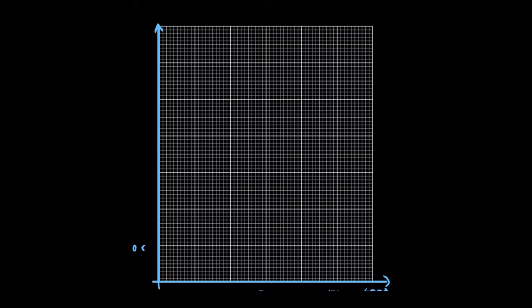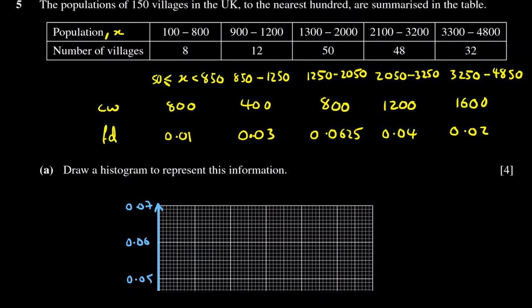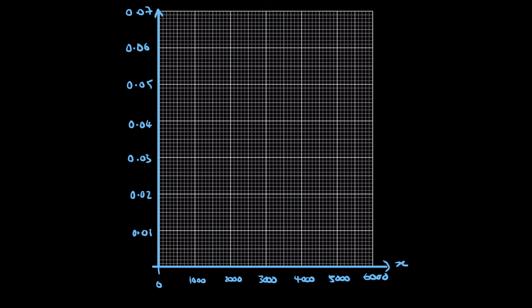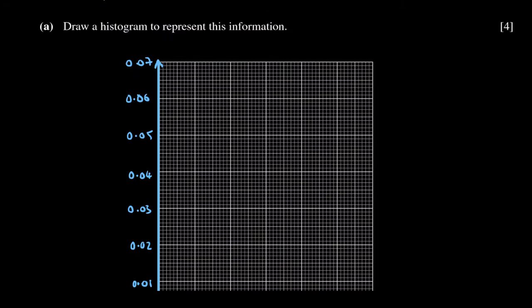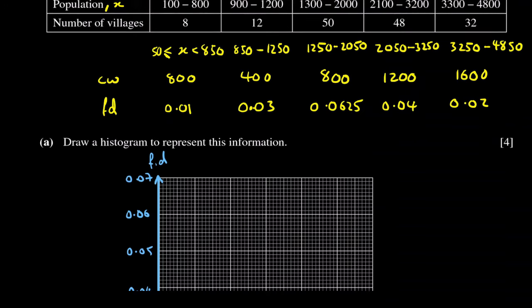So 0.01, 0.02, 0.03, 0.04, 0.05, 0.06, 0.07. And I should probably label this. This is my x, isn't it, here? Because I've already labeled it earlier, it's population. And this thing here is the frequency density. Frequency density.